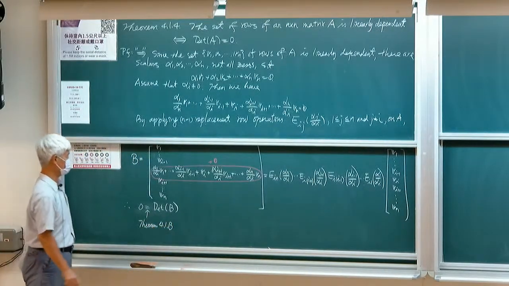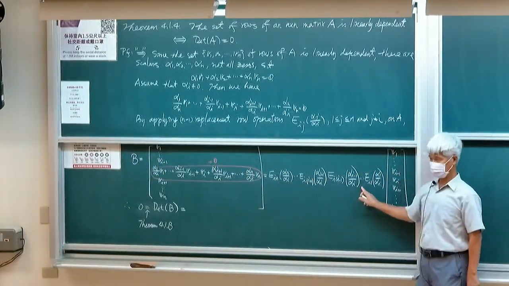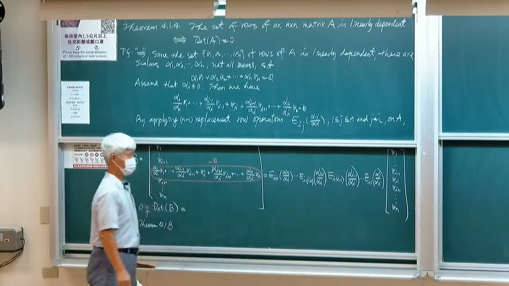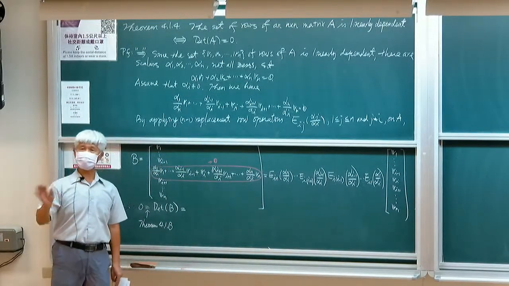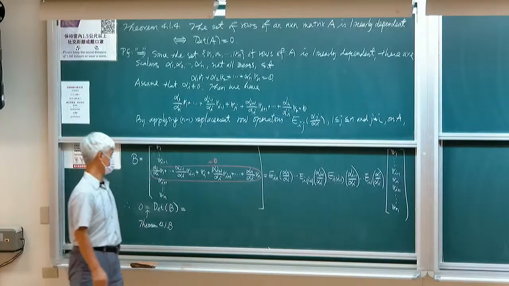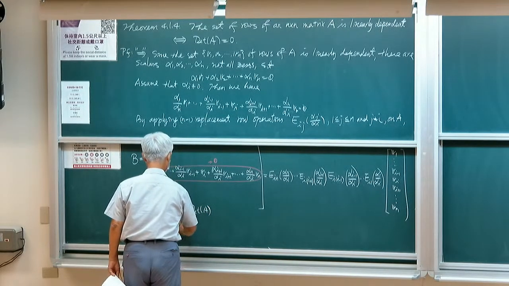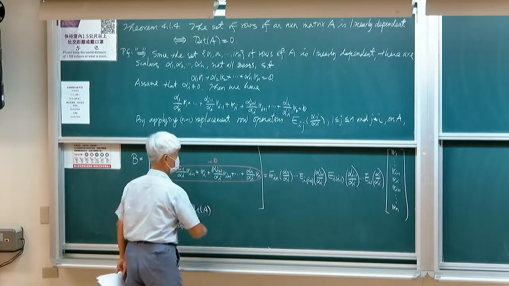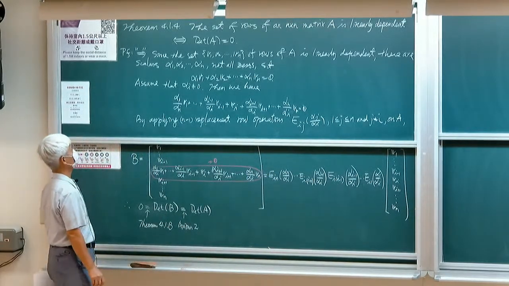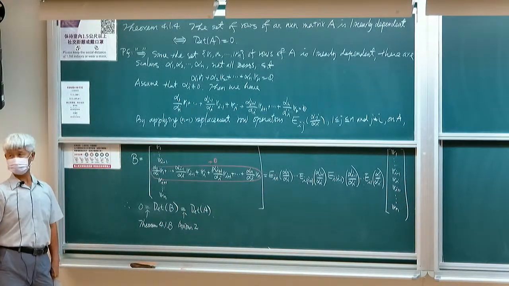And when applying replacement row operations, we will not change the determinant value. So this is equal to the determinant of A, by axiom 2, because they are all replacement row operations. And so we have done the forward part.